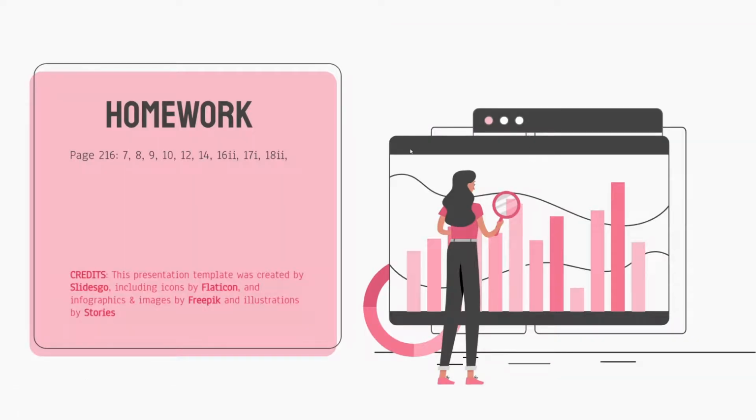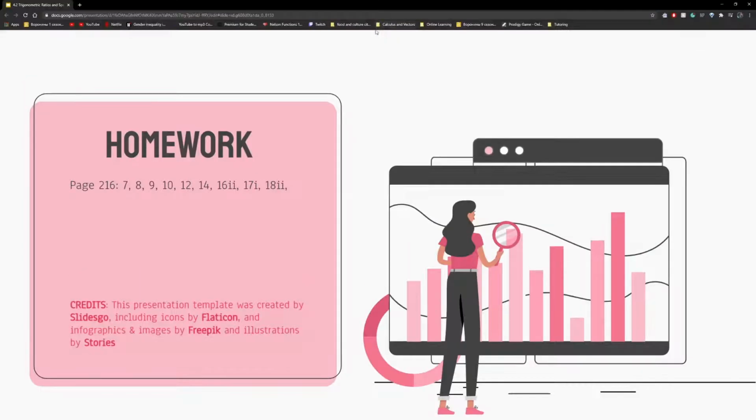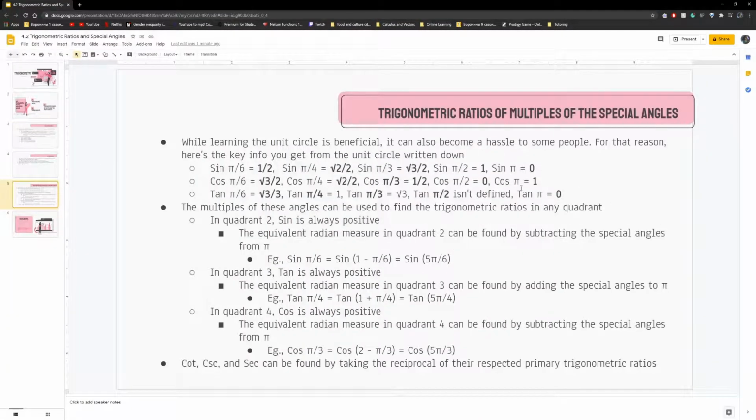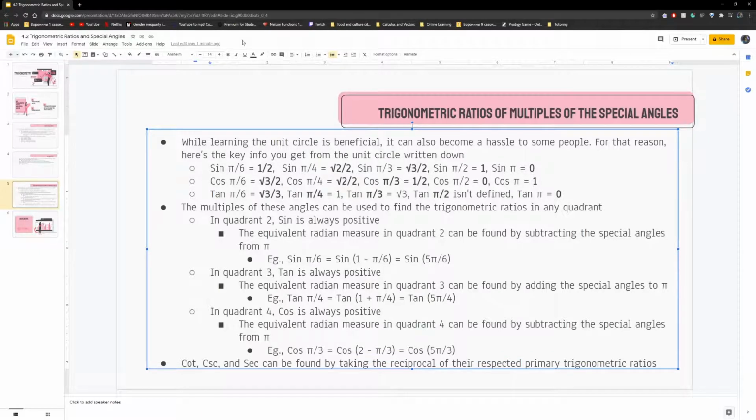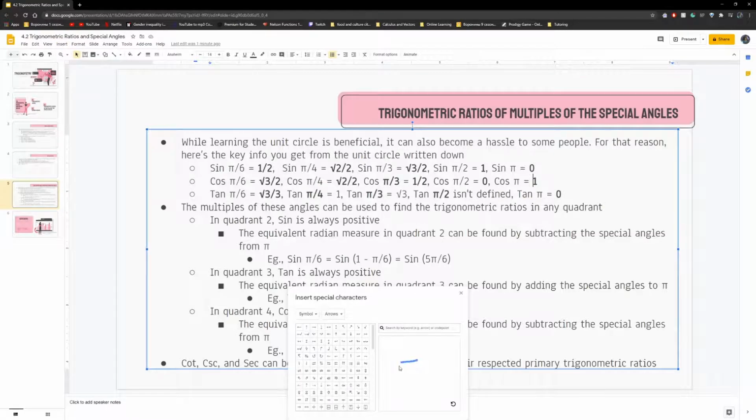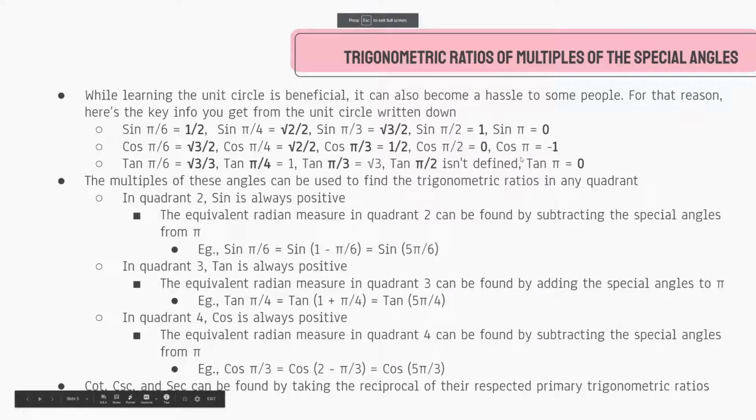Let's fix that. My keyboard is actually turned off, so I need to insert a special character, negative. There you go. Now we're happy. So cos of 0 is equal to 1.